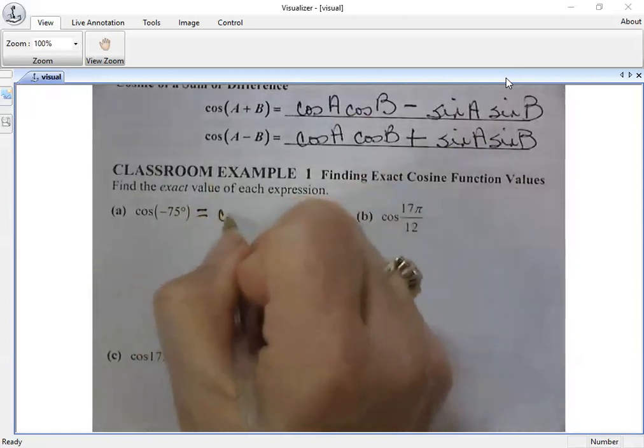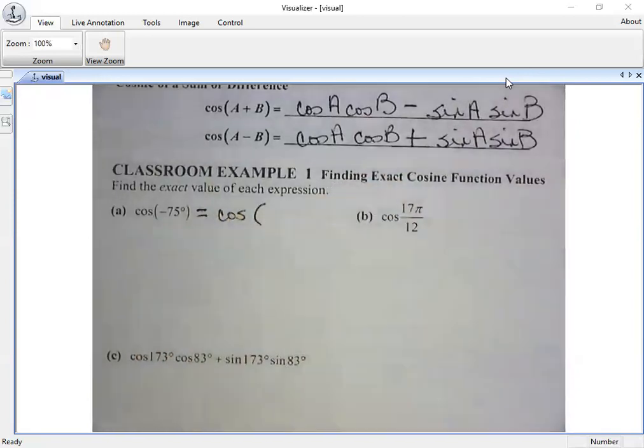Now, here's the trick. I want to rewrite this so I'm either adding together or subtracting two angle measures that are special right angles that I would be able to calculate. So what would be a pair of numbers I could either add or subtract to get -75? 45.